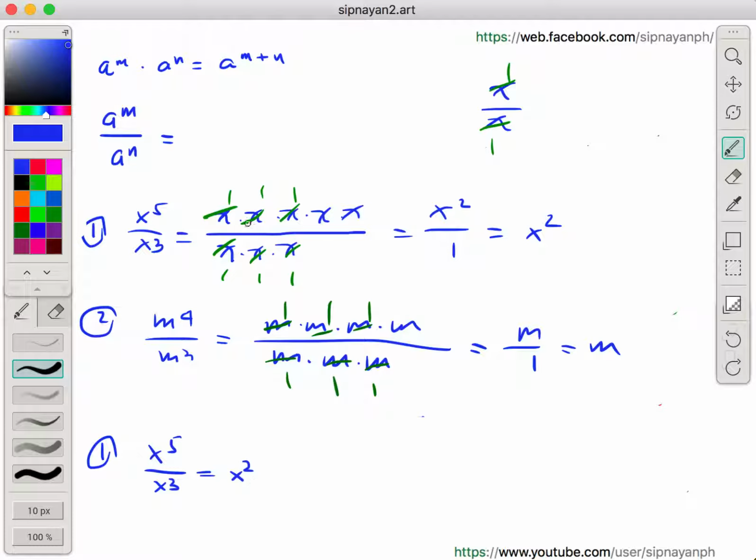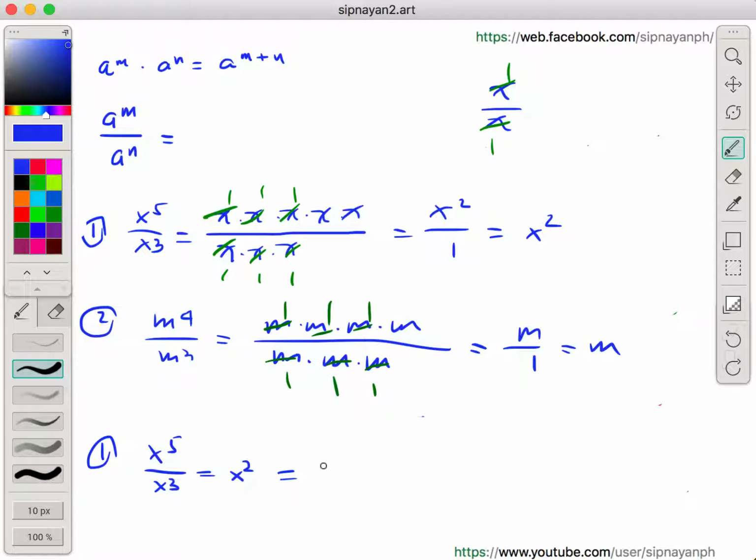So, actually, mina-minus siya kasi pag nag-cancel tayo, tinatanggal natin yung isa-isang excess sa bawat dito. So, mauubos itong nasa baba. Yung tatlong sa baba, mauubos siya. Tapos, mauubos din yung tatlong maka-cancel din, yung tatlong nasa taas. And matitira is dalawa. So, actually, we are subtracting those numbers or those variables.